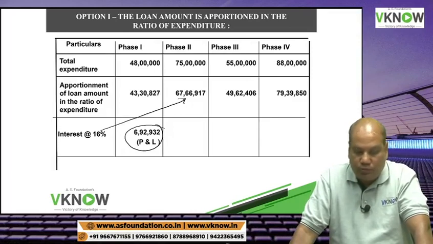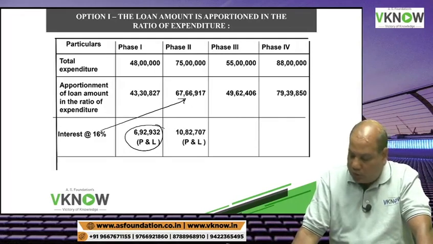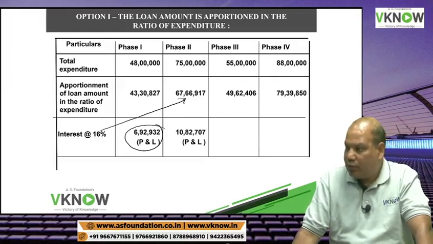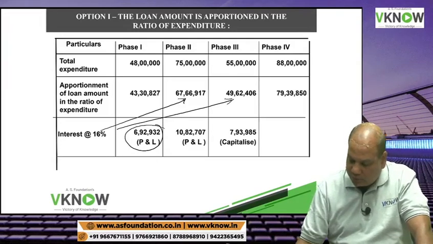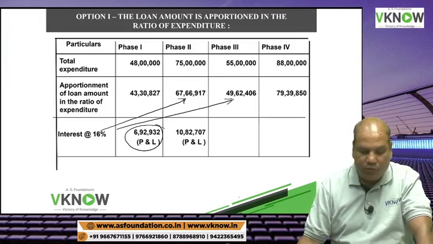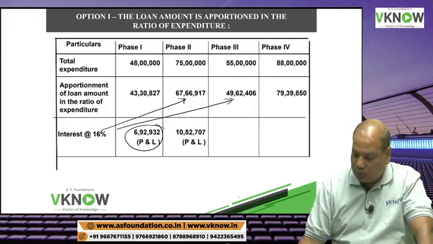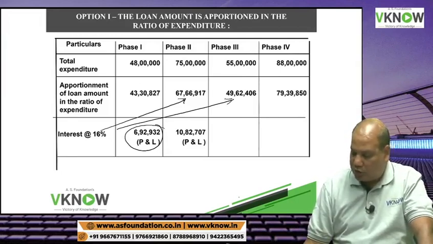Interest on phase 2 is 10,82,707. Now you try phase 3. 49,62,406 into 16%. Come on.